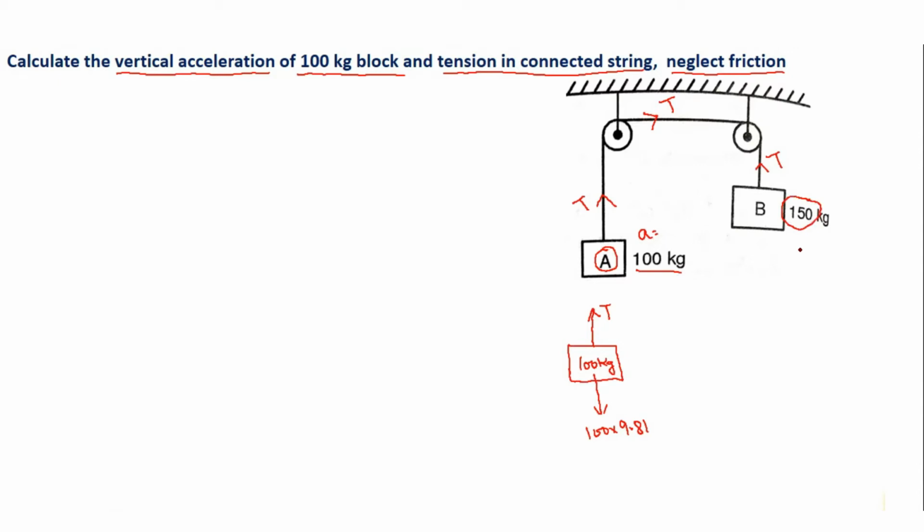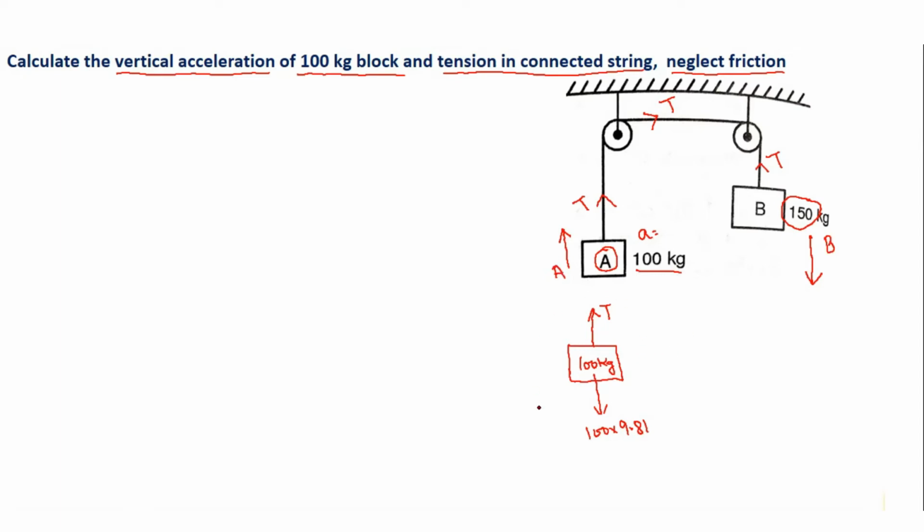So it is quite obvious that as this block is heavy, this block will try to move down, and when block B comes down, as it is connected by the same string, block A will move upward. So this is the direction of acceleration or motion for block B, and this is the direction of acceleration or motion for block A.